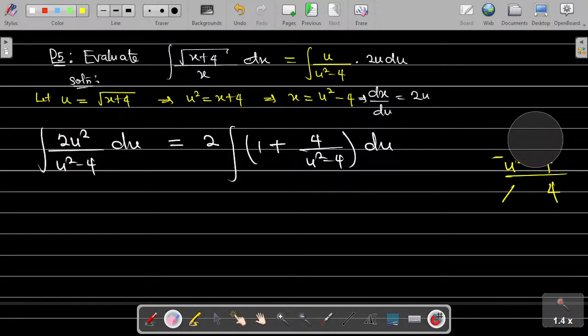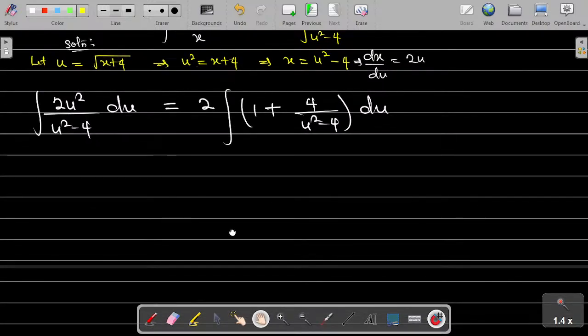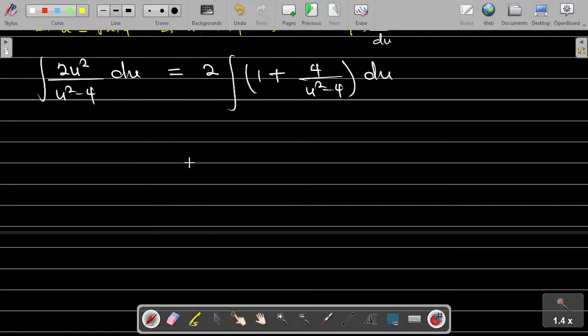Okay, so from here we are now told to further split this one into its partial fractions, and that is easy to do. So let's do it somewhere and then bring it up. Of course you know that 4 all over u squared minus 4 is the same thing as 4 all over u minus 2 into u plus 2, because of difference of two squares.